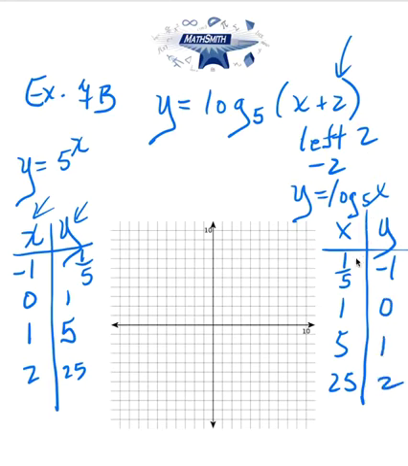All right, so I'm going to plot these points, and then I'm going to do the transformation, and then I'll sketch the graph. So when x is 1/5, I'm kind of over here. When x is 1, I'm at 0.